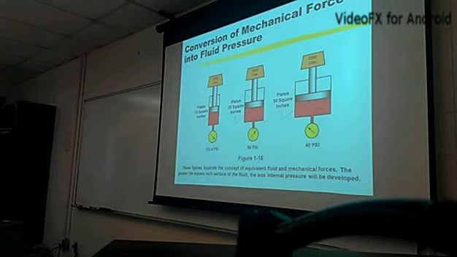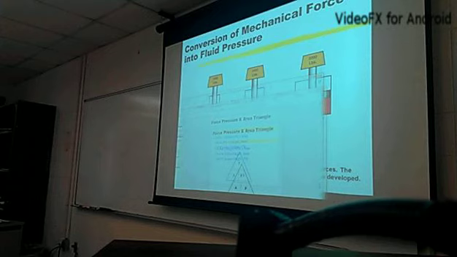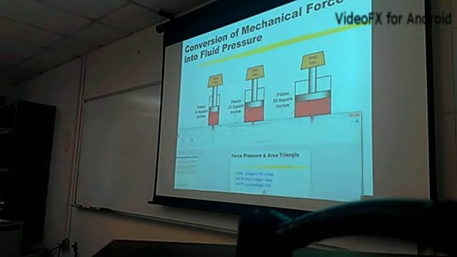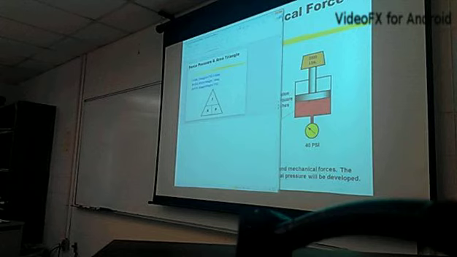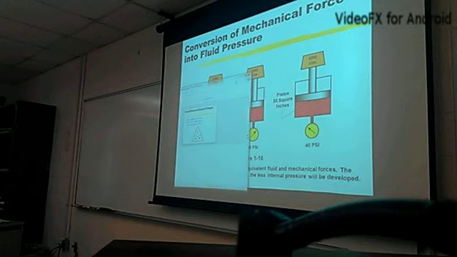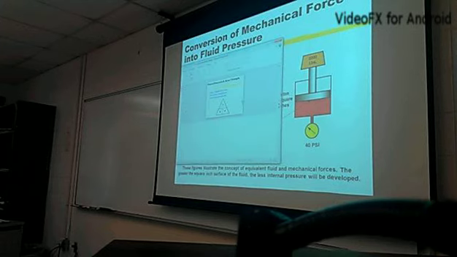Hold on a second. Let me pull this back up. I haven't printed these off to give to you, but basically let's look at this one. I know that's kind of hard to read. You can see the area force triangle.